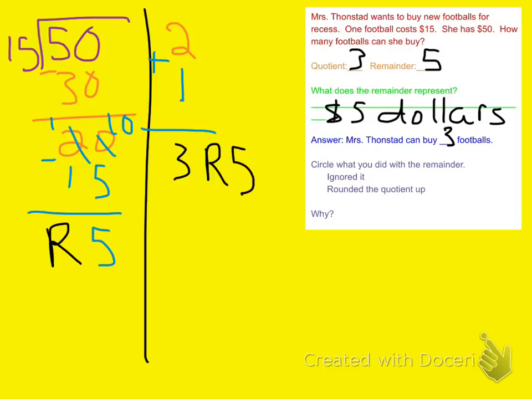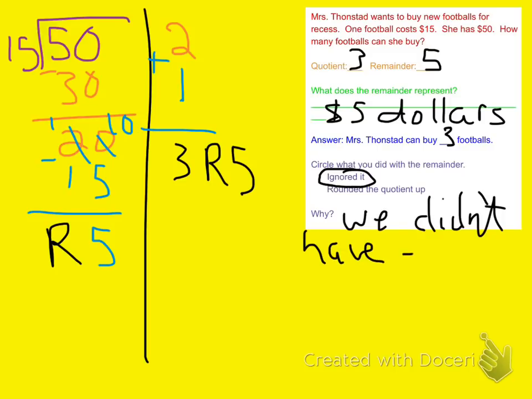No, because we didn't have enough money to buy another football. So we ignored the remainder. We ignored that extra $5. And why did we ignore it? Because we didn't have enough money to buy another football.